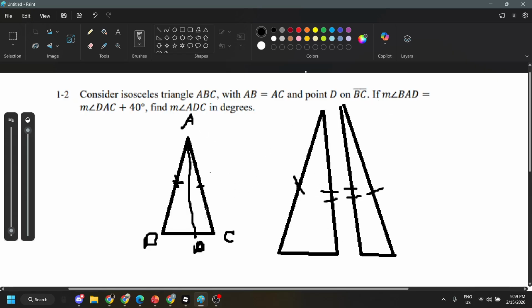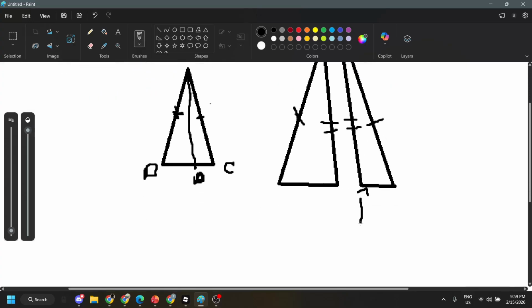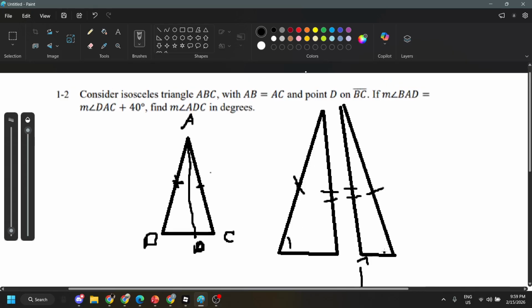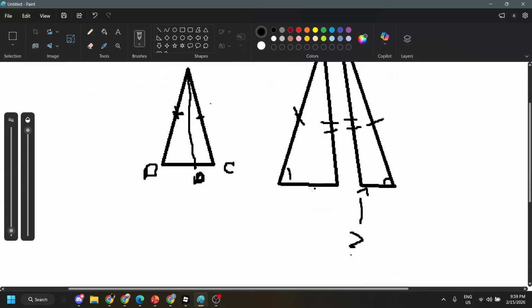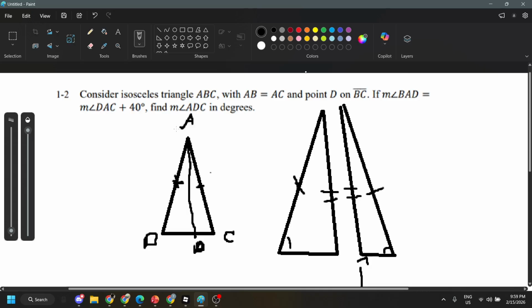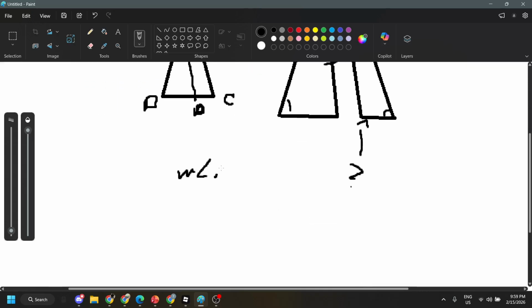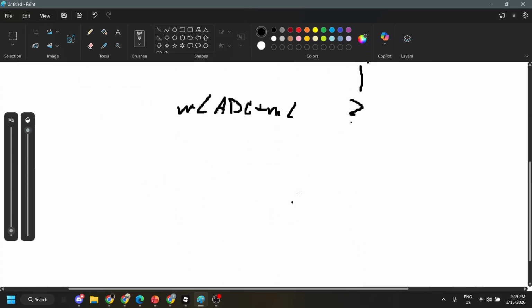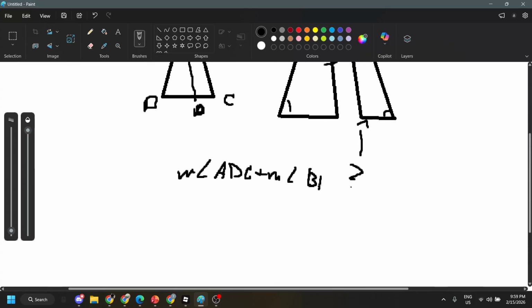To find the measure of ADC, we need to find the measure of this. So we know that these are the same. And we know that the measure of ADC plus the measure of BDA, BDA is equal to 90.